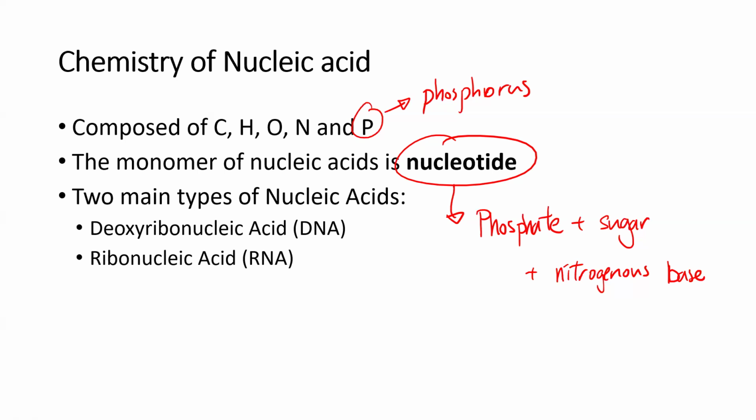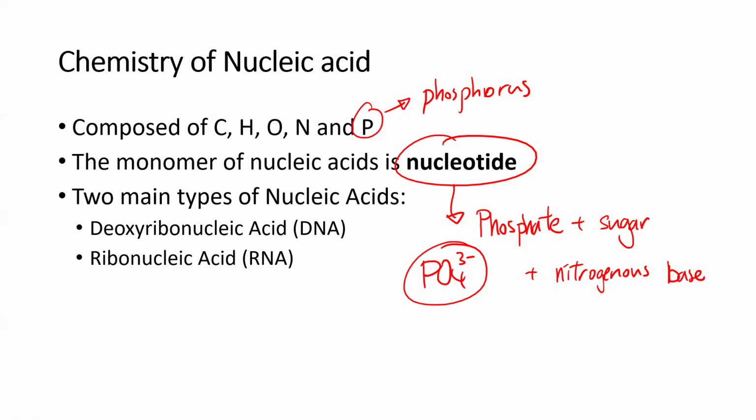You can see it on the periodic table. Phosphate, which you will learn in chemistry, is PO4 3 negative. So phosphate is a group of atoms together. It's not just P, but it also has oxygen in it. So phosphorus is not the same as phosphate.